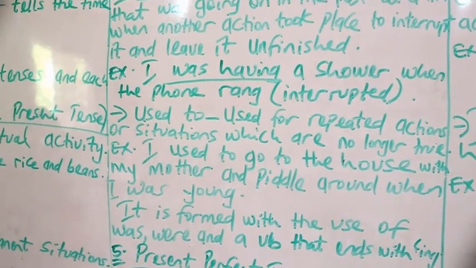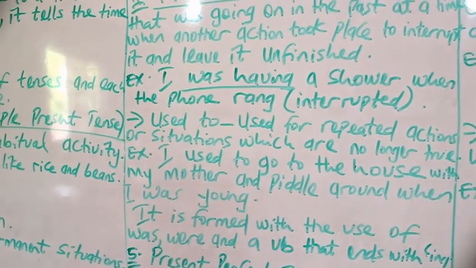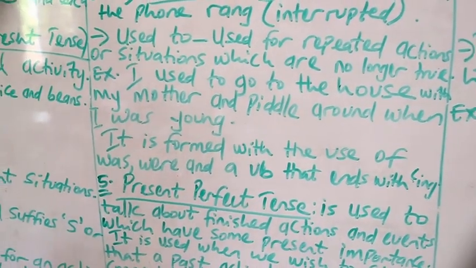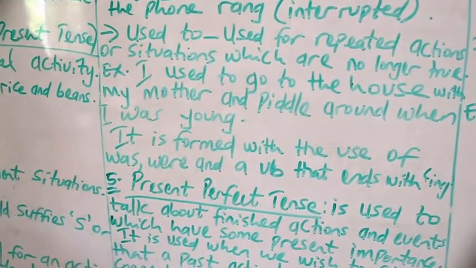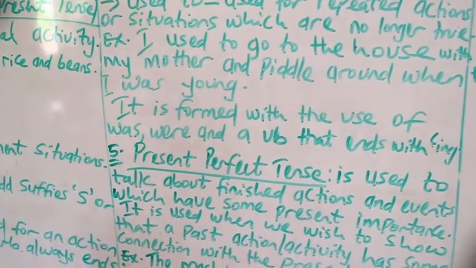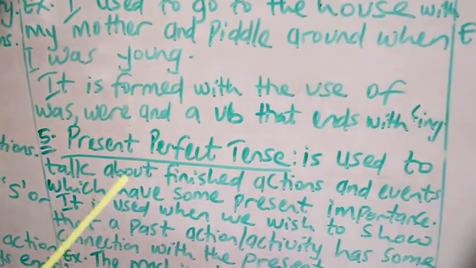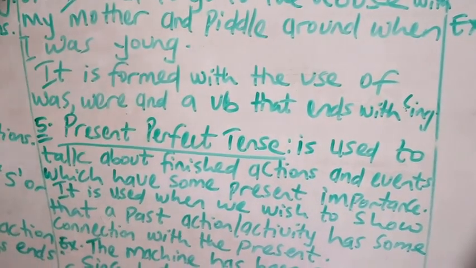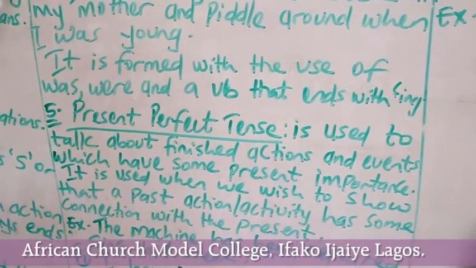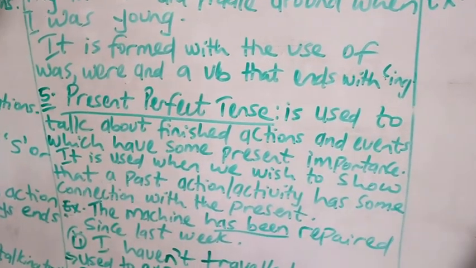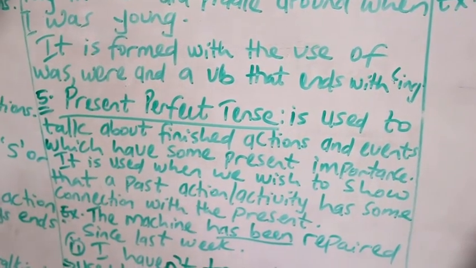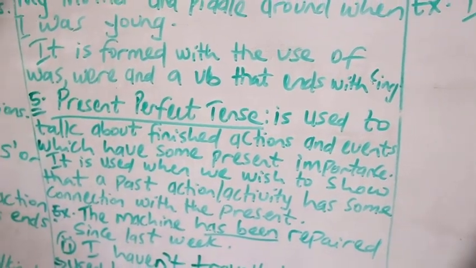Then we have number 5, which is present perfect tense. As the name implies, present perfect tense is used to talk about finished actions and events which have some present importance.